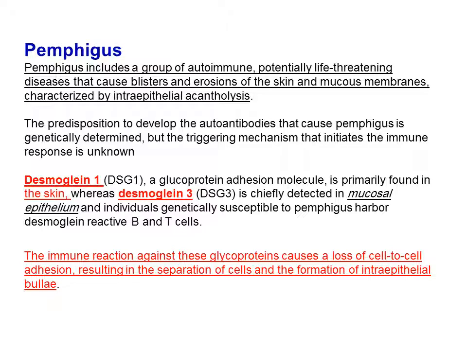Pemphigus includes a group of autoimmune, potentially life-threatening diseases causing blisters and erosions of the skin and mucous membrane, characterized by intraepithelial acantholysis.